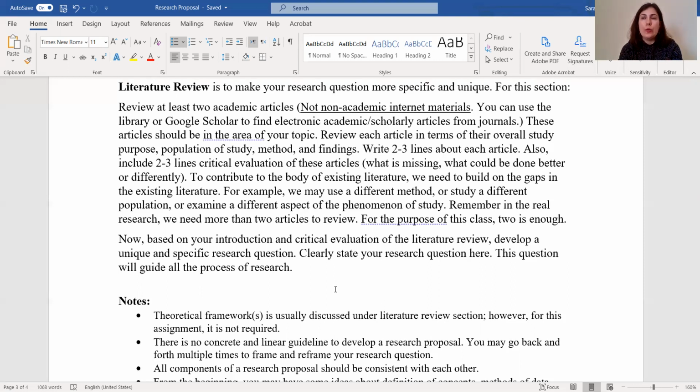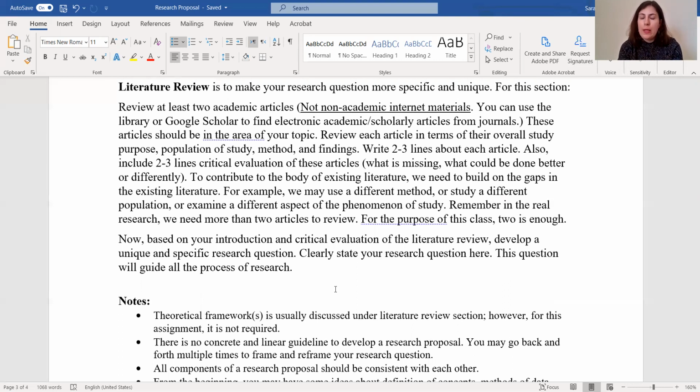You need to go through the existing literature around your topic to see what studies have done already and to criticize them and to see what are missing things in this literature and try to address those missing points, those gaps. And in this way, you can contribute to the existing literature.